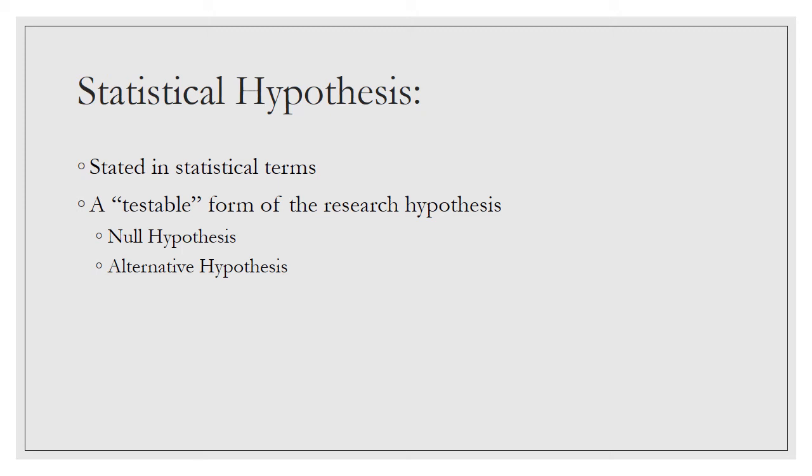So I always link myself to the alternative hypothesis. Most of the time, the research question I'm interested in is related to the alternative hypothesis. The null hypothesis is kind of the hypothesis of no difference.